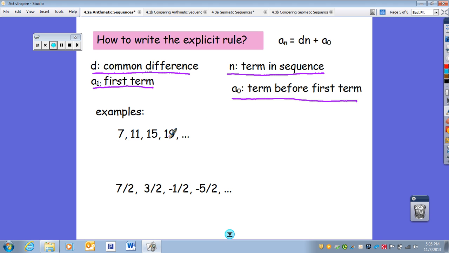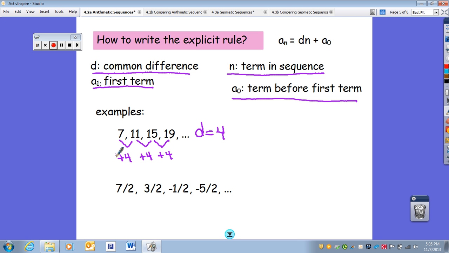So here's what we want to do. First of all, when we have our sequence, we want to find out what the common difference is. What am I doing to get to the next term? And it looks like the pattern is I am adding 4 each time to get to my next term. So in this particular sequence, my d is positive 4.